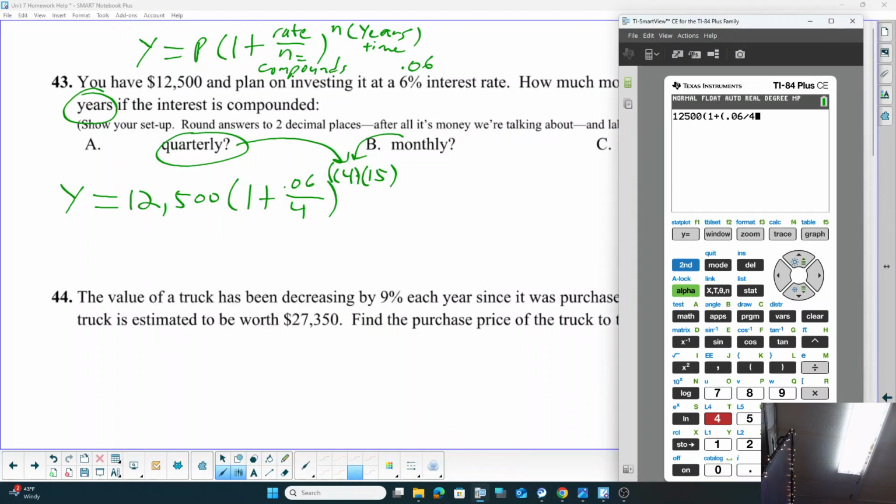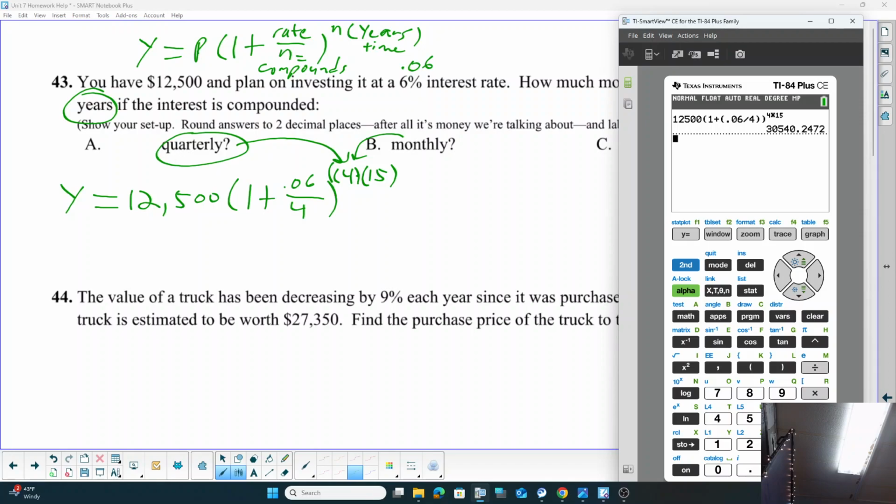And then close parenthesis. Then close parenthesis again, just in case. It all needs to be in there. And then to the 4 times 15 power. And there we go, like that. And then we push enter.